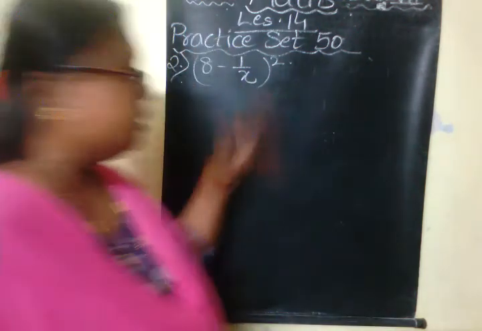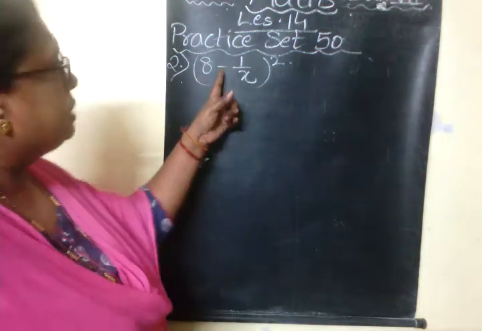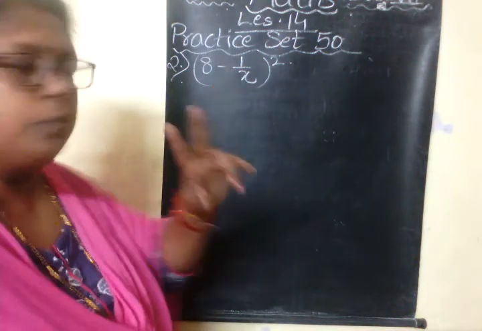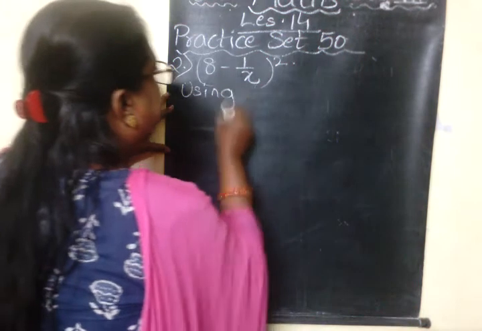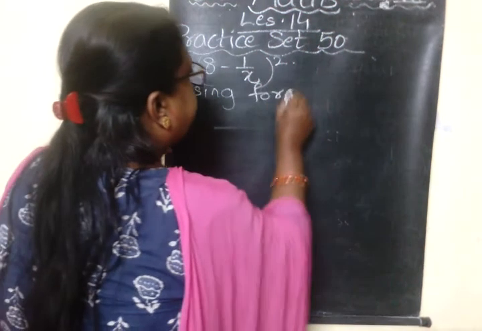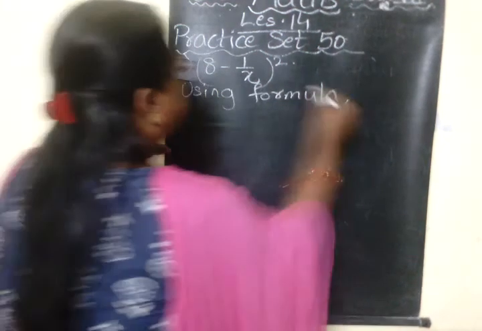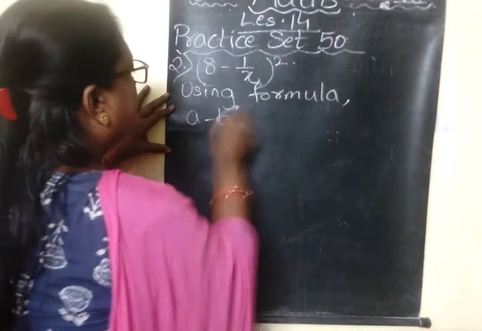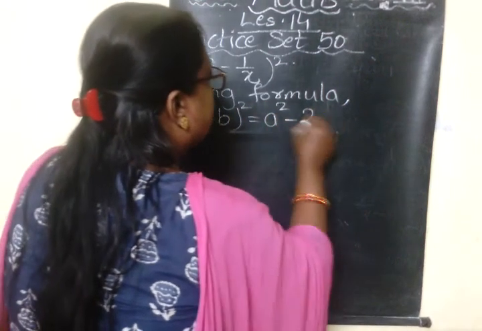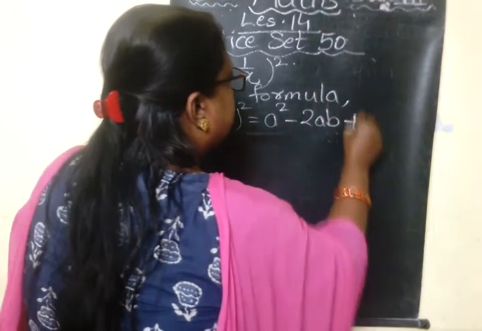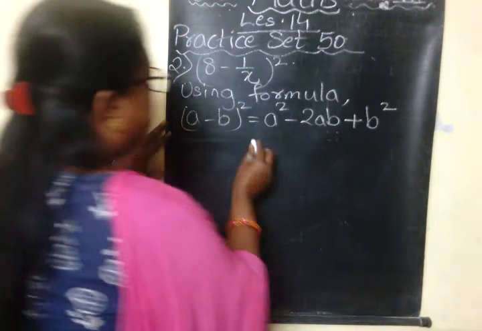In the same manner we will solve it. Since the minus sign is there, we will be using the second formula: a minus b the whole square is equal to a square minus twice ab plus b square.